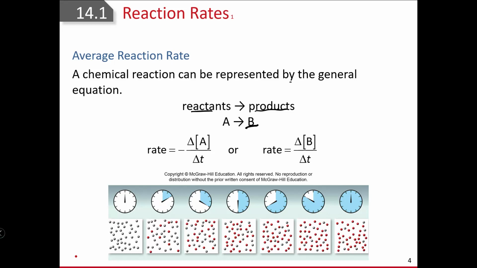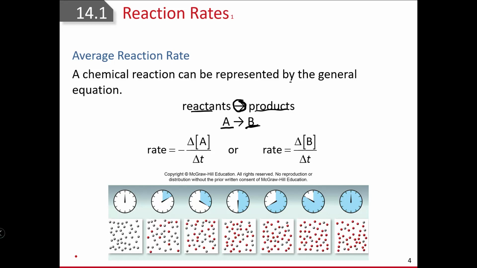Reactants on the left of the chemical yield sign, and the products on the right. And so in this case, we're just going to have reactant A being converted to product B.